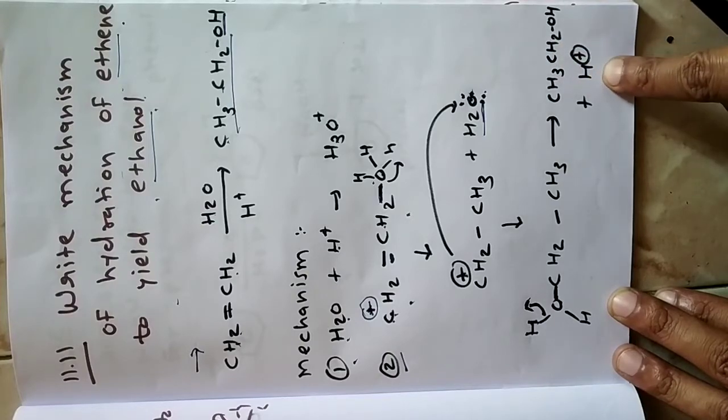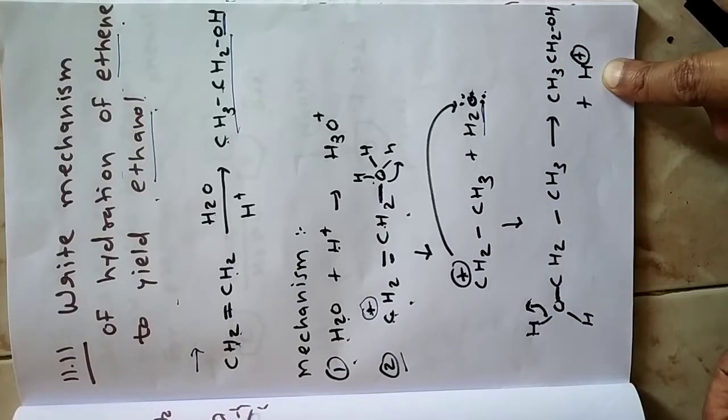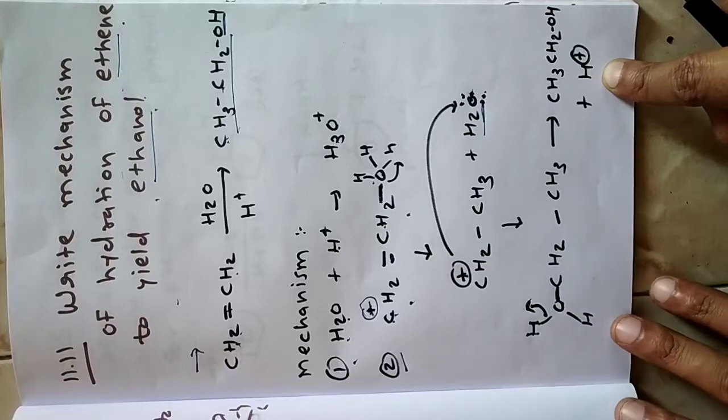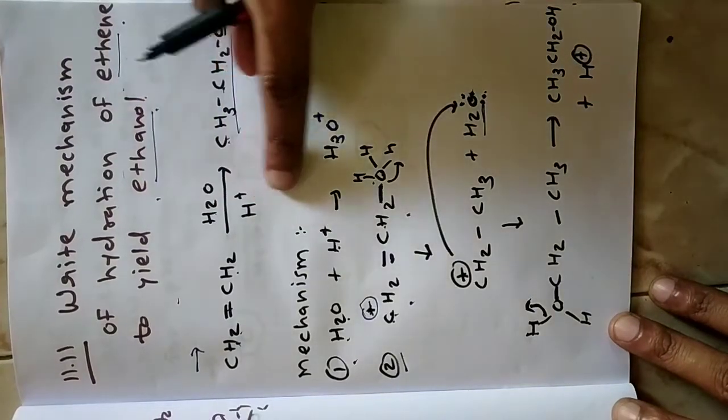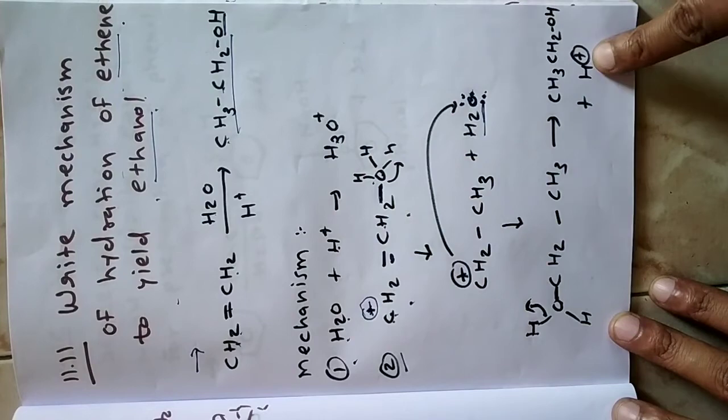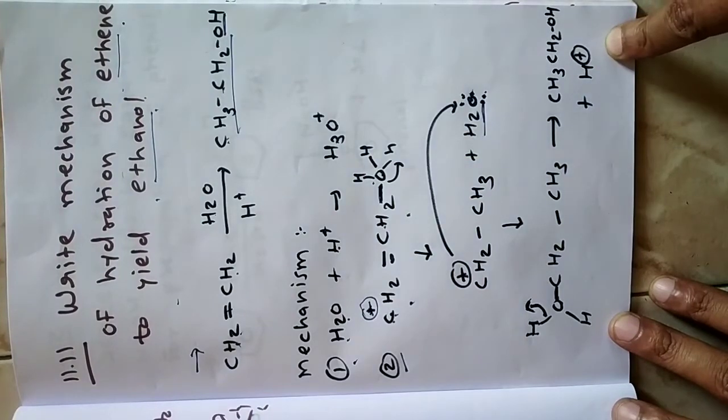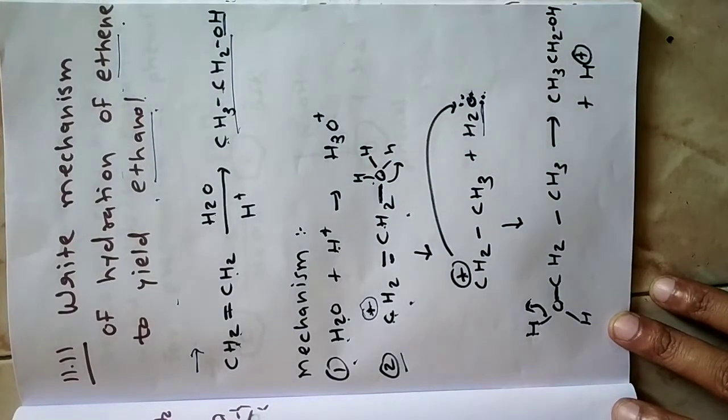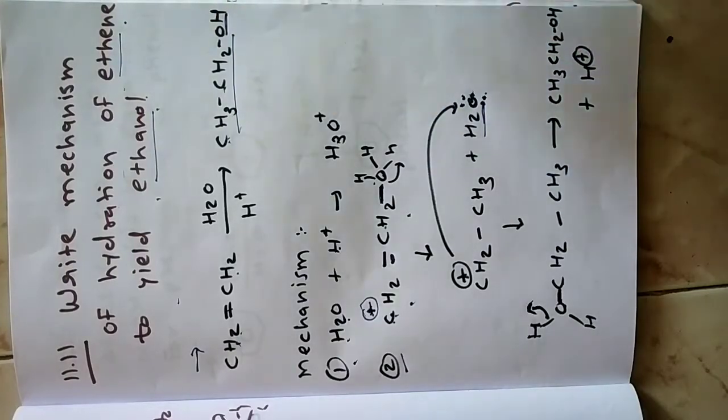So H plus acts as a catalyst in this reaction. You can see H plus was there in the starting and H plus is there in the ending also, so it is our catalyst. So this is the mechanism of the hydration reaction.